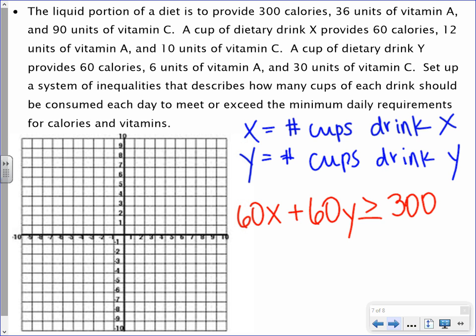Greater than or equal to. We need to have 300 calories in our diet or more to be considered healthy for this. Okay. All right.